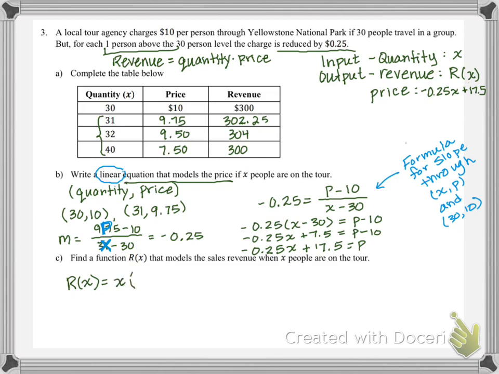We look for the word price, negative 0.25x plus 17.5. And then we'll distribute. Plus 17.5x. And that's our revenue function.